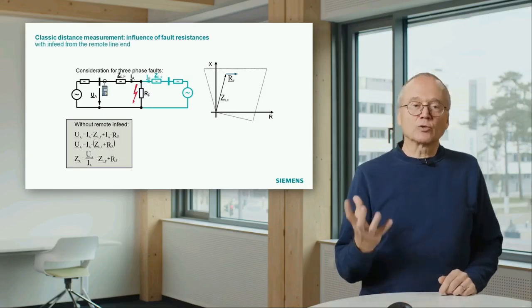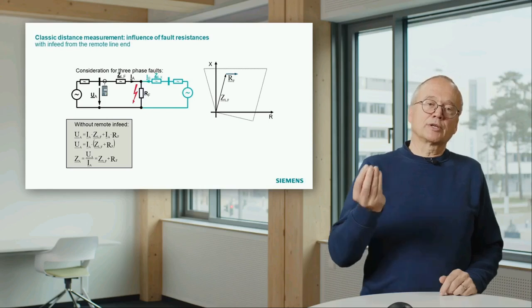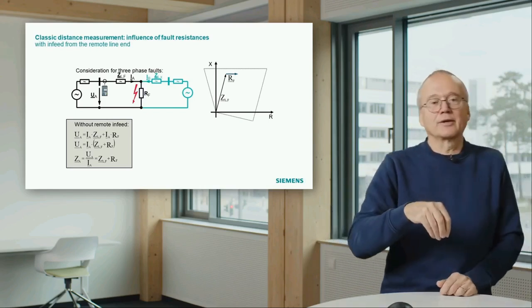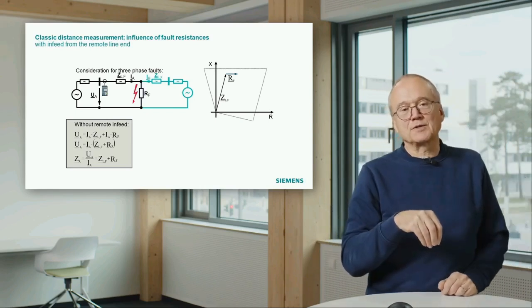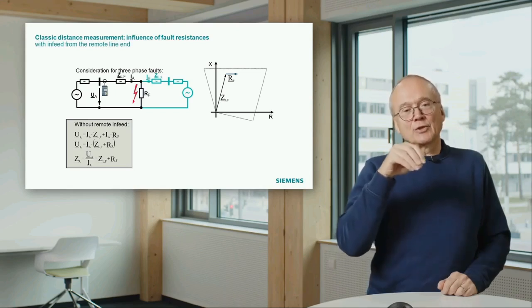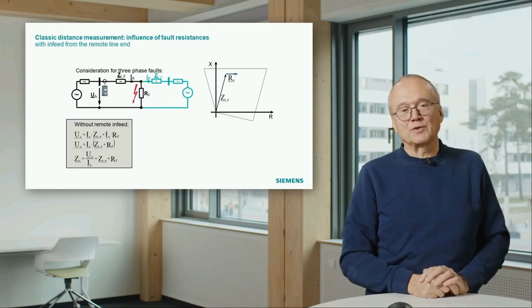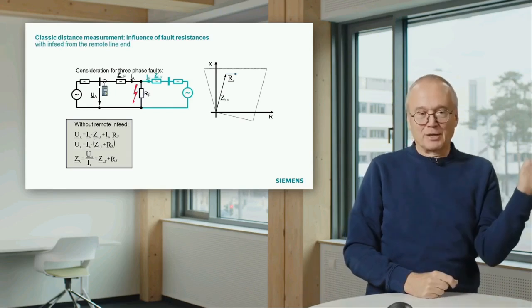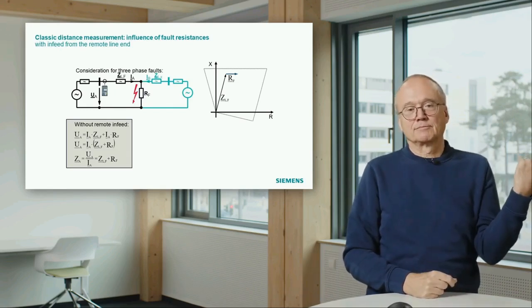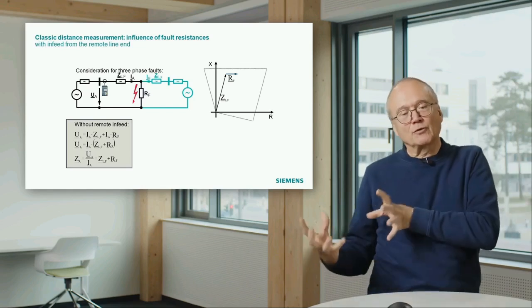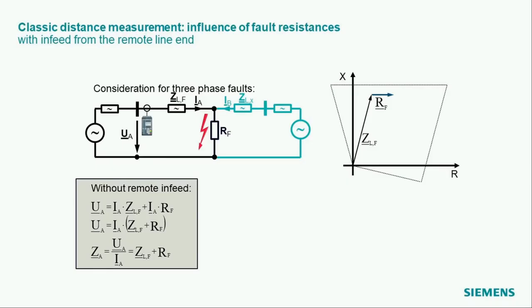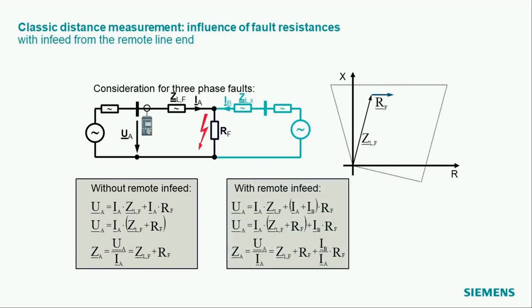And that means the right side now drives a short circuit current through the fault resistance. This gives an additional voltage drop through the fault resistance, which is seen by the left relay. That means the current from the right side influences the measurement on the left relay. You can easily write this down in equation.